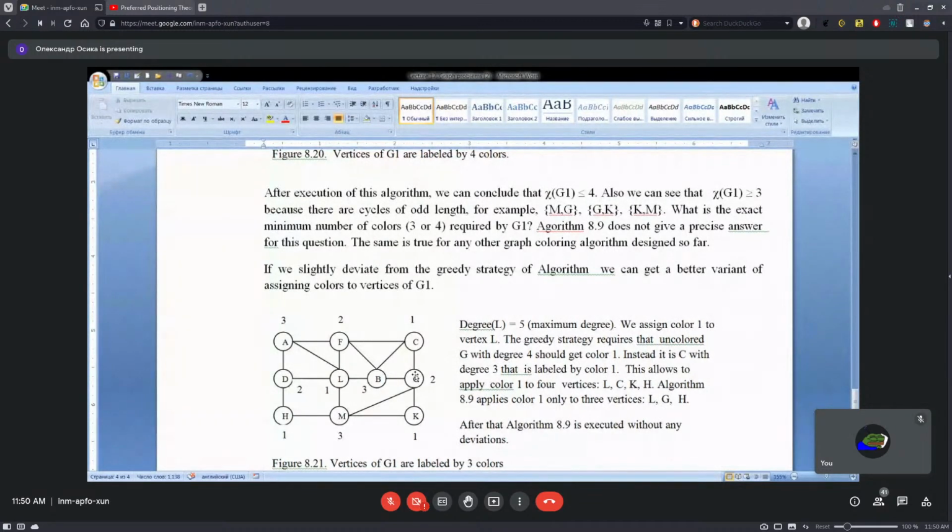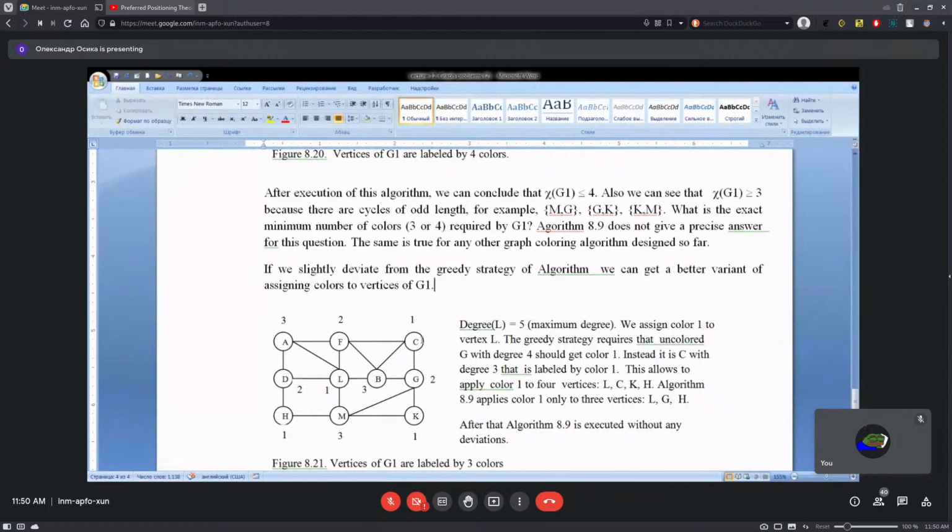Instead, it is C with degree 3 that is labeled by color 1. Well, it was my decision.